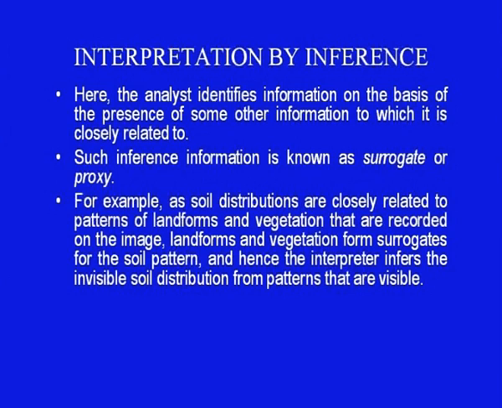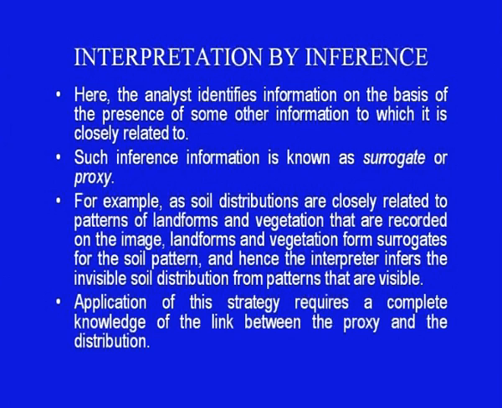For example, as soil distributions are closely related to patterns of landforms and vegetation that are recorded on the image, the landforms and the vegetation form surrogates for the soil pattern, and hence the interpreter infers the invisible soil distribution from patterns that are visible. Application of this strategy requires a complete knowledge of the link between the proxy and the distribution.